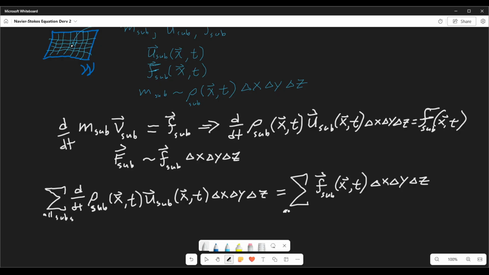And this is summed over all the subdivisions. So that's basically the force balance equation for the entire little block there for all of W, so all subs in W. However, these sums can basically be converted into an integral.